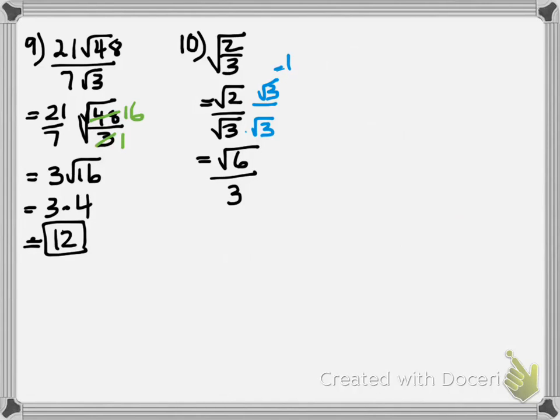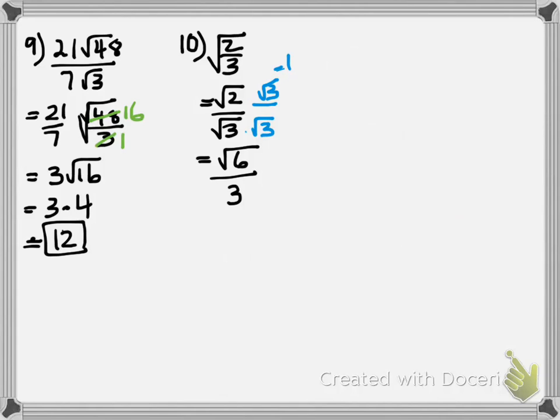Yes. I'm hearing yeses and nos. Okay. Dakota, tell me why no. Well, because it's a radical in the numerator, which is allowed. We can have a radical in the numerator, so I don't have to do anything more in that respect, but my question was, can I simplify? Can I reduce? Because I've got a 6 and a 3, and I'm just itching to take it down to 2.